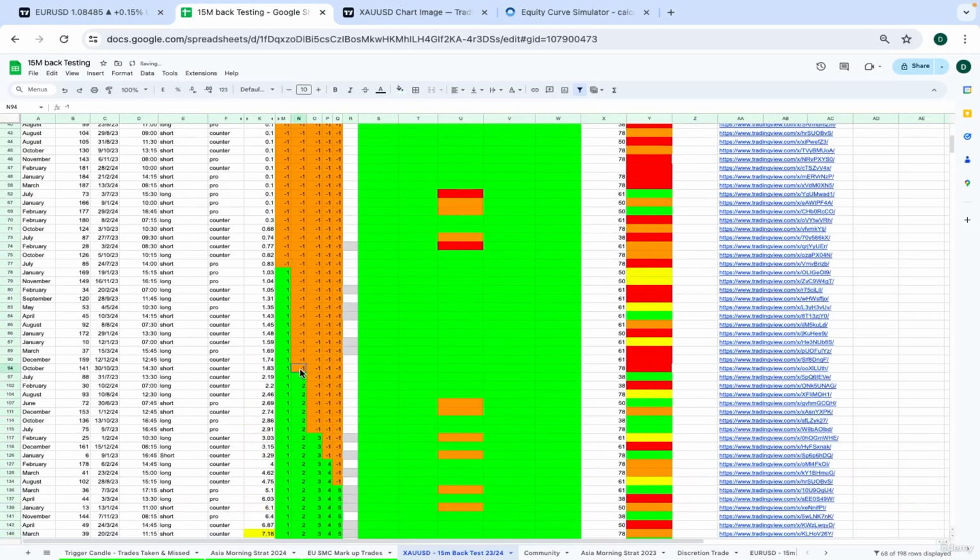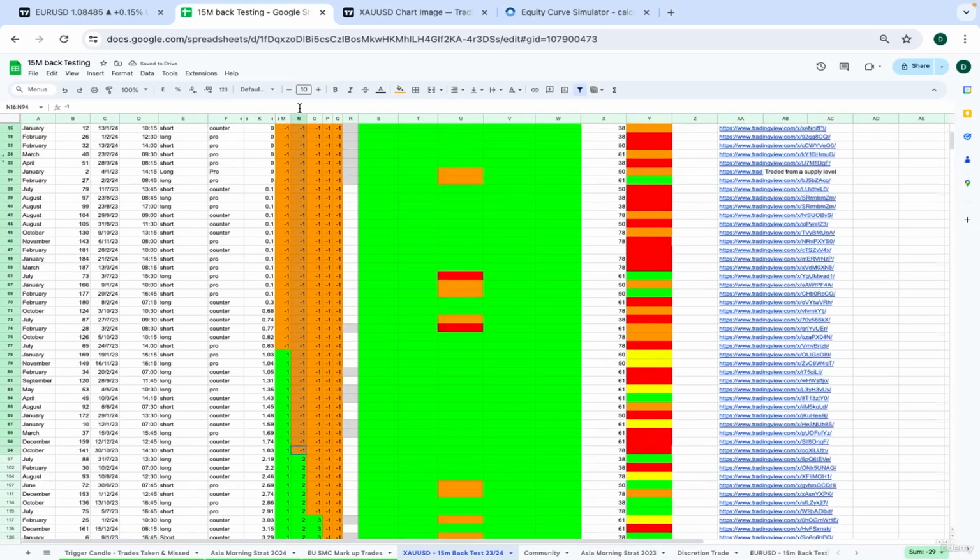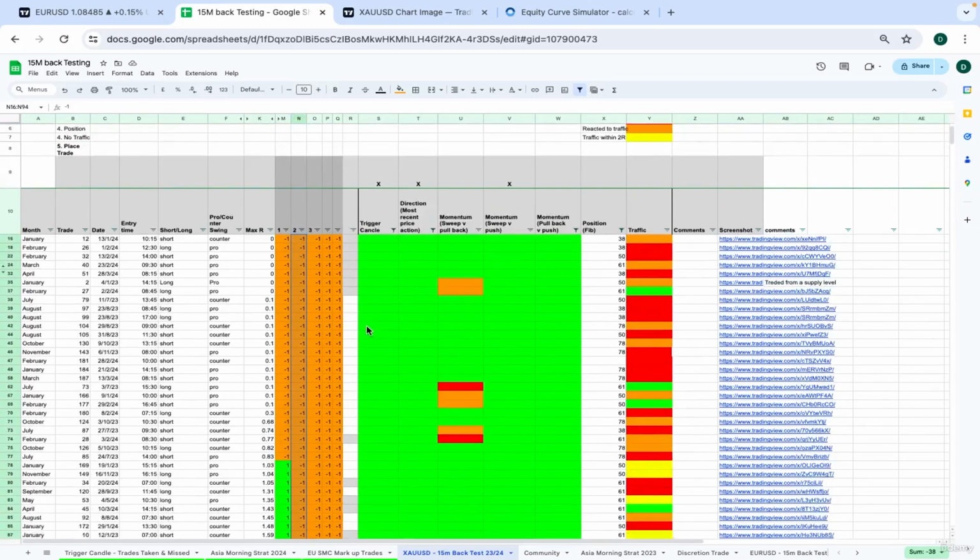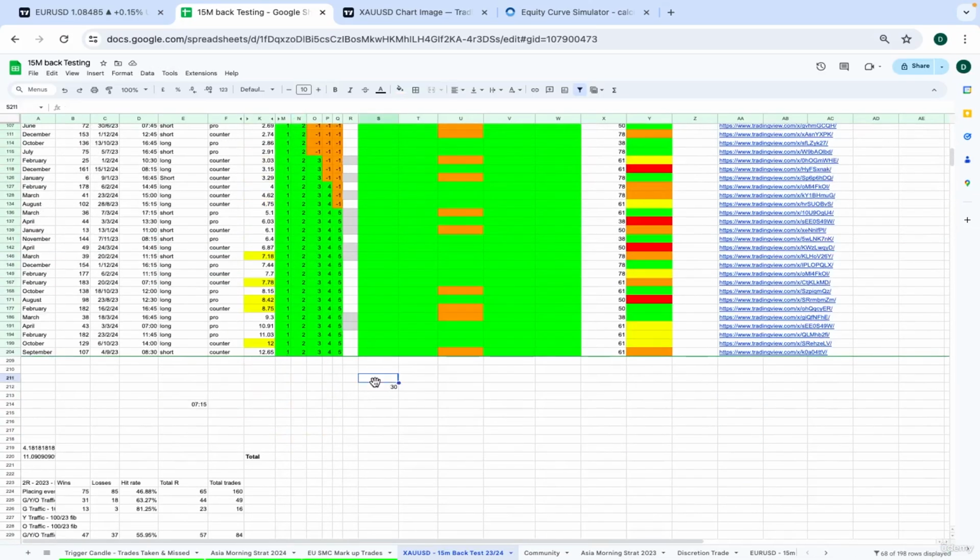There is an easier way to do this, but I'm going to do it manually now just to show you. So 30 wins and 38 losses, which is there. So if we're working out our hit rate, it's 30 divided by 68. So the wins divided by the total. So our hit rate at 2R, for this data set with these filters, is 44%.